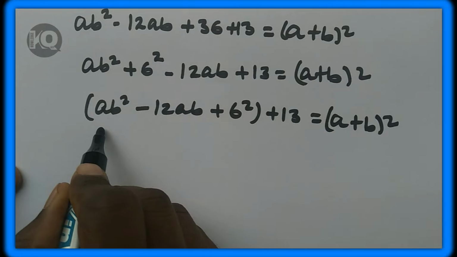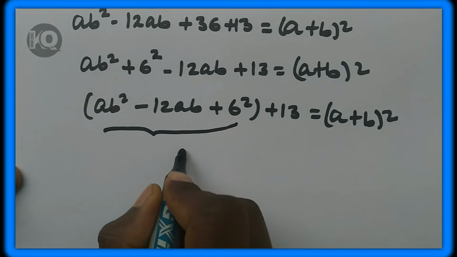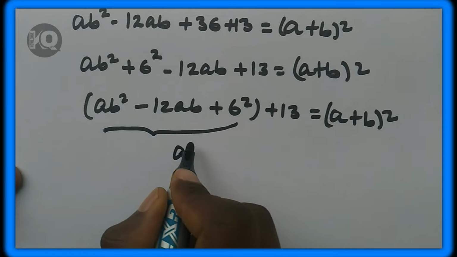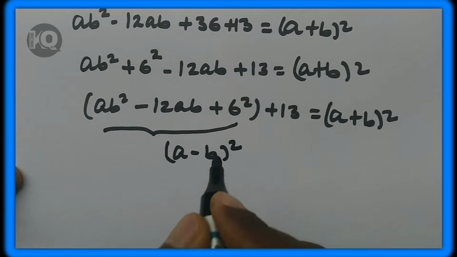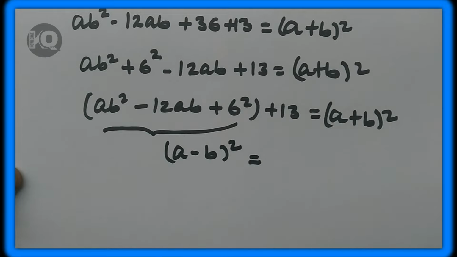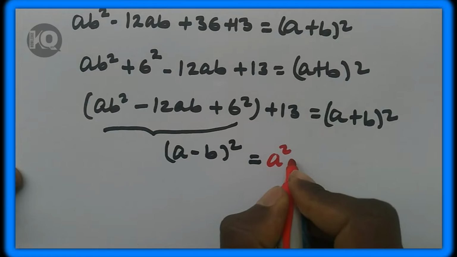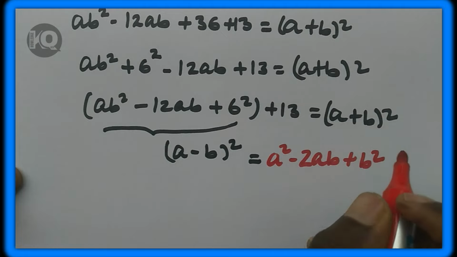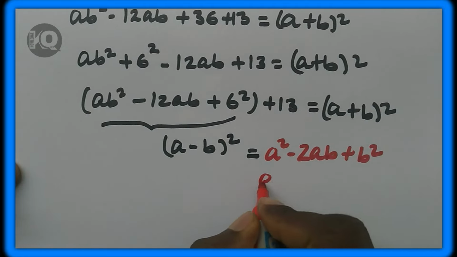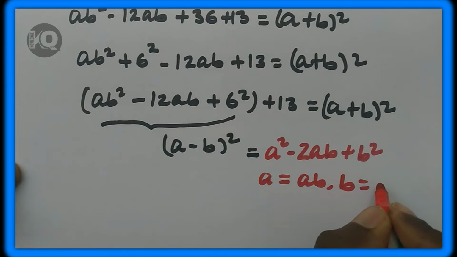So this expression here is in the form of (x − y)², which is equal to x² − 2xy + y², where x is ab and y is 6.